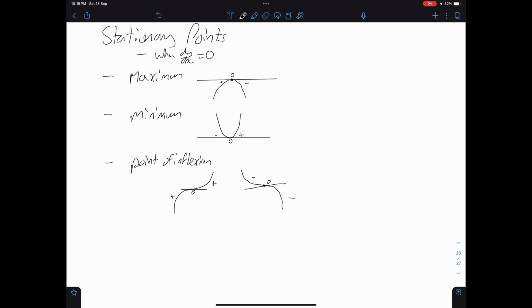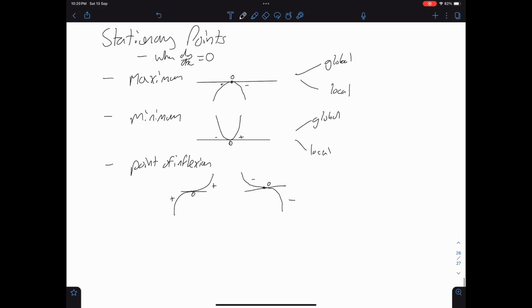I should also say, you can have a global or a local maximum or minimum. A global maximum is a stationary point that's a maximum, but it's also the highest point on the graph.